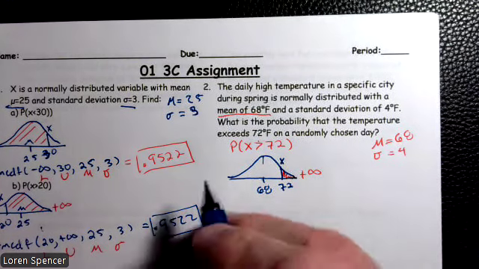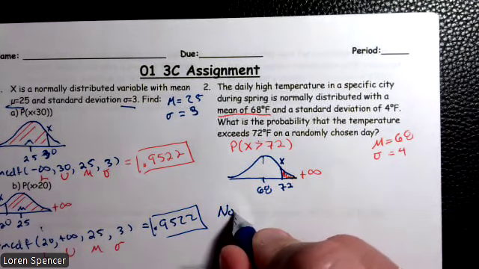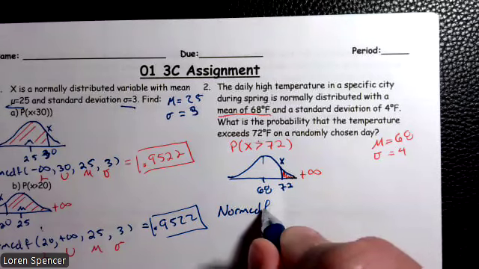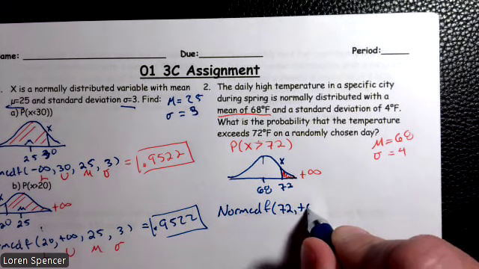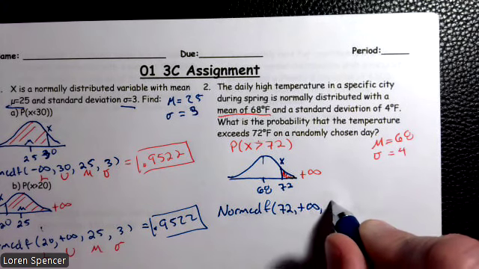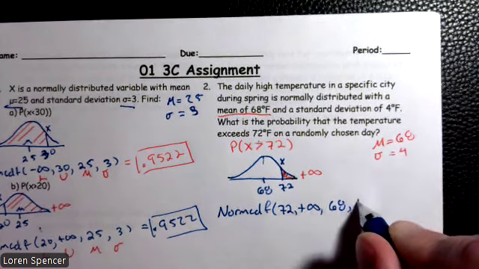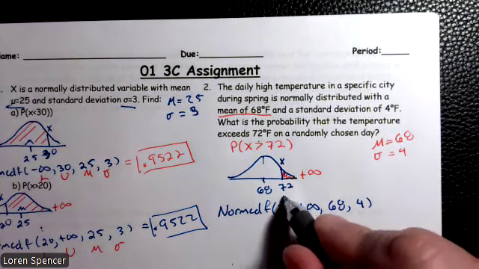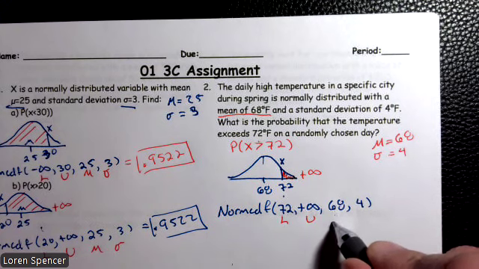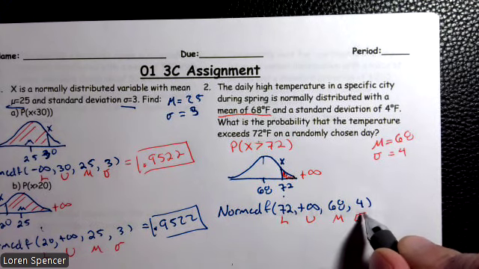So we're going to have a NormCDF. Lower part of our shading was 72. We went up to positive infinity. We have a mean of 68 and a standard deviation of 4. So this is going to be lower, upper, mean, standard deviation.